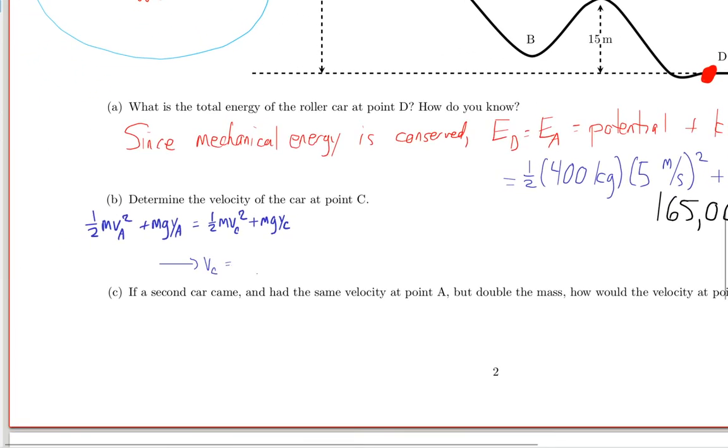So v sub C is going to be the square root of, now I notice that all the m's cancel, right? That's kind of neat. I get v_A squared plus 2g y_A minus 2g y_C. I drew a really big square root sign, didn't actually need one.